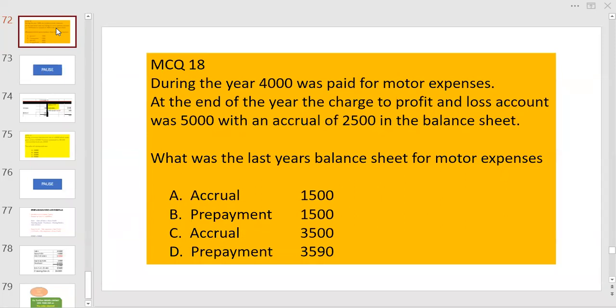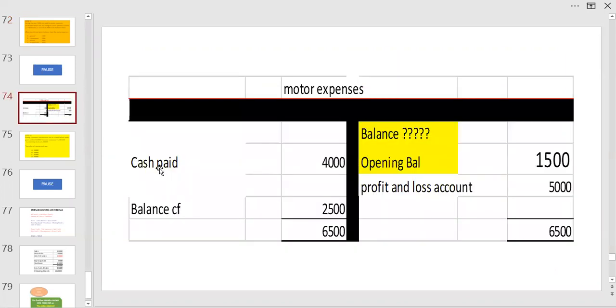Answering this question, again, the safest way is to go on a T account. So we will plot all this information to a T account and see what results we get. Here, if you see, during the year, 4,000 was paid as motor expenses, cash payment, so cash credit, motor expenses account debit.